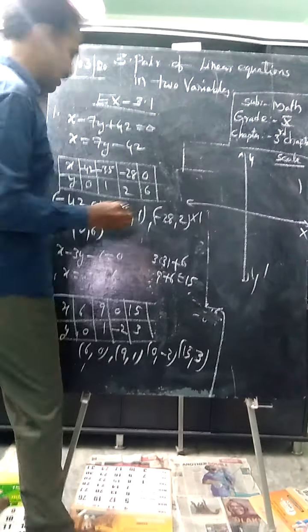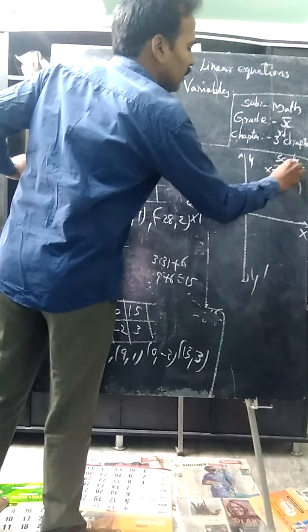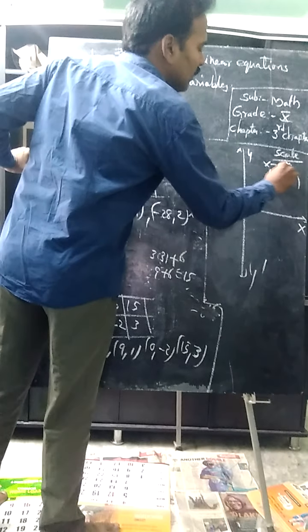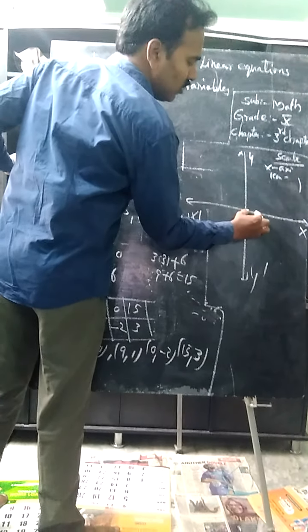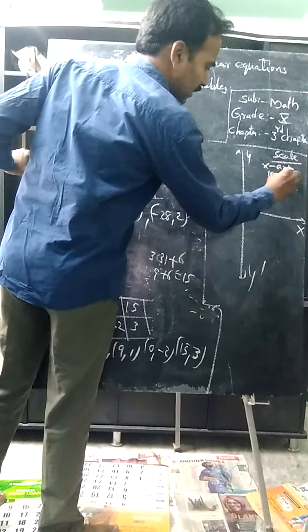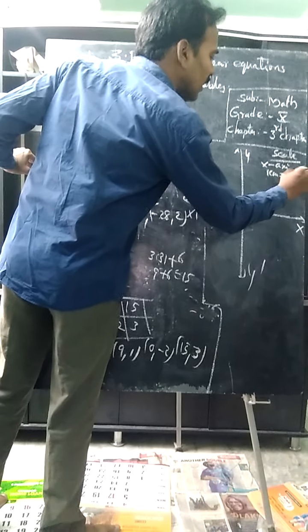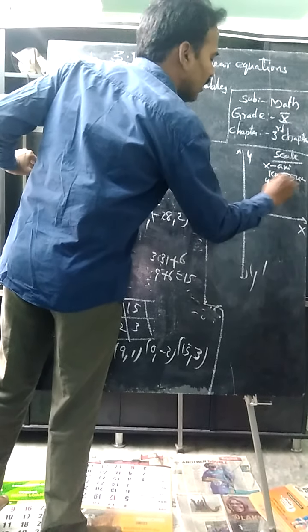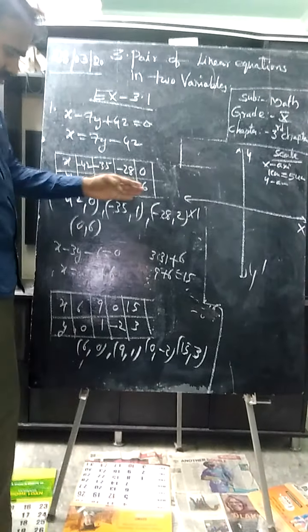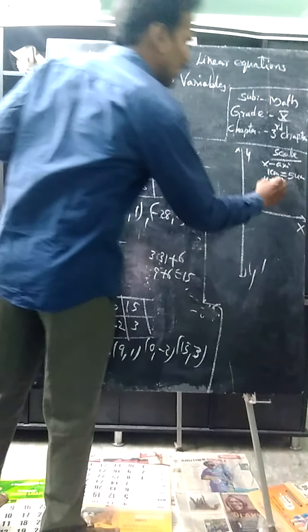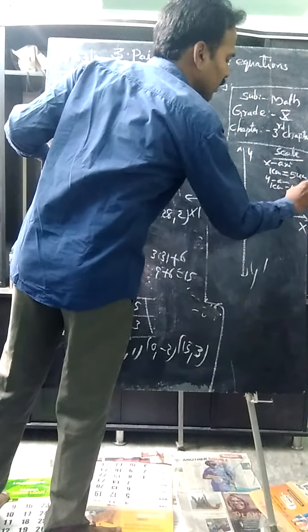On the x-axis, better to take 1 centimeter. Here 1 centimeter in the graph will equal exactly 5 units. And on the y-axis, what is the highest value? On the y-axis we took only 6. So you can take 1 centimeter equal to 1 unit.